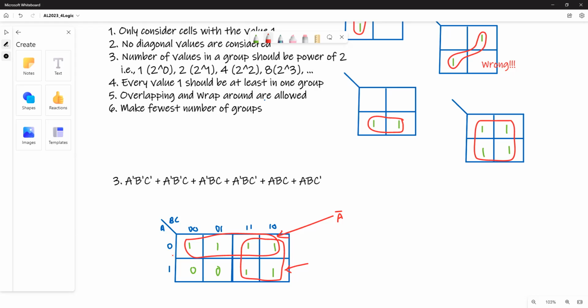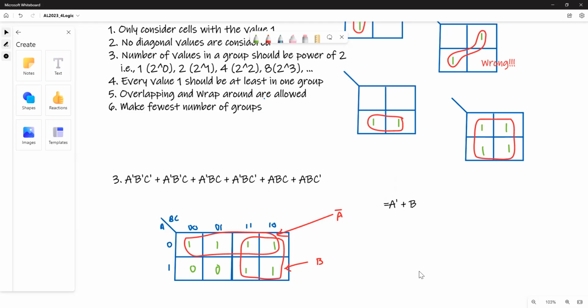A is changing. So only one is there. So that means this is B. So the final answer for this one should be A bar plus B. So that's the answer.